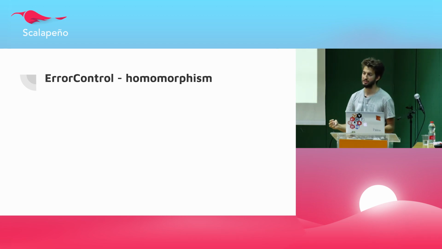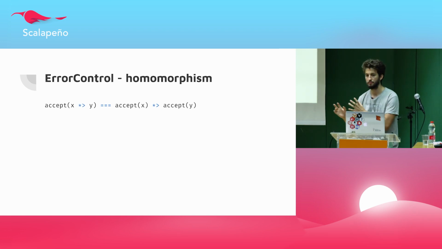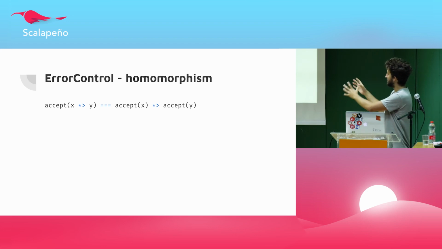One law that comes up easily is, because now we have a way to go from f to g and from g to f, that means we can define something called a homomorphism. What that means is basically that it has to abide by these laws.